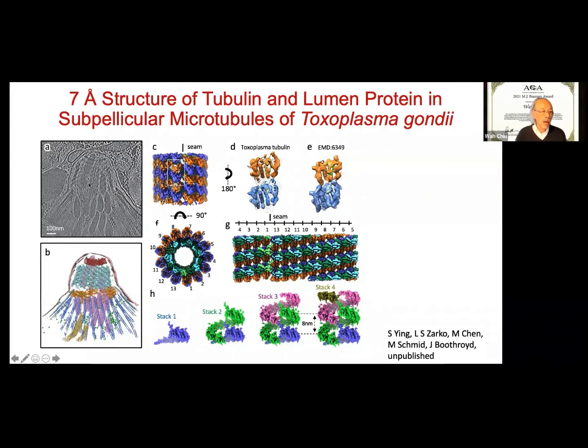And I just want to highlight one of the recent analyses on this microtubule here. We were able to do the subtomogram average at around 7 angstrom. We were able to distinguish between the alpha and beta tubulin, as compared to the structure done by Eva Nogales and Ken Downing. And in addition, we actually discovered another protein inside the lumen of this microtubule that is packed in a staircase.